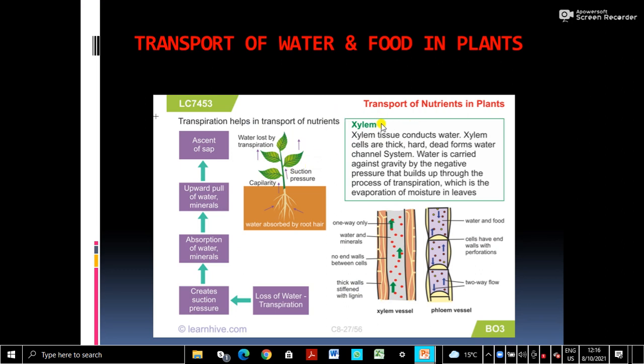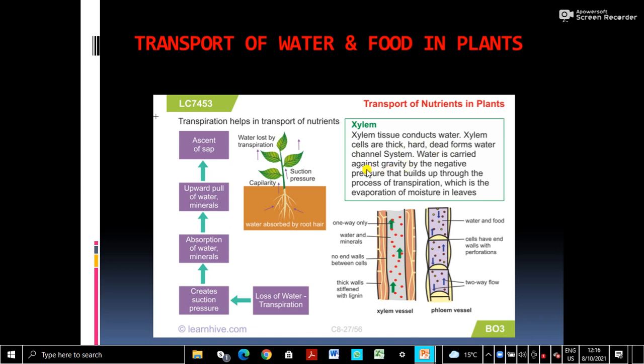So transport of water and food in plants, I have explained all, just see the summary also. First of all, xylem tissue conducts water. Xylem cells are thick, hard, dead, and form a water channel system, or water tube or water pipe.